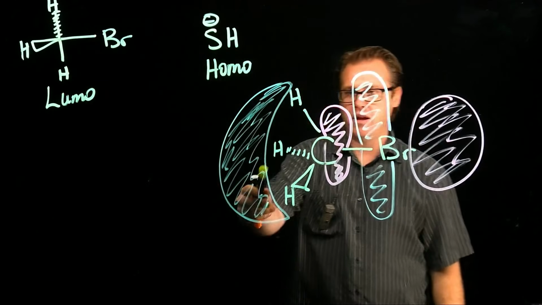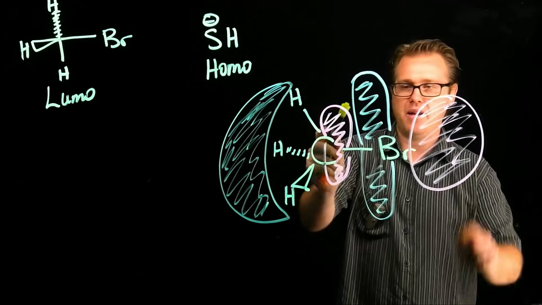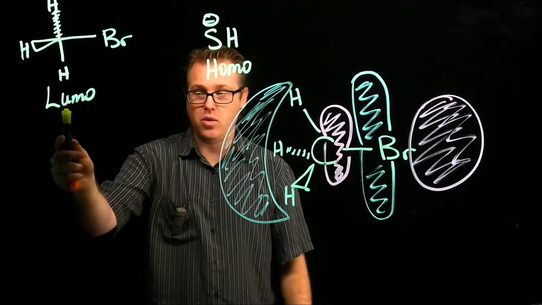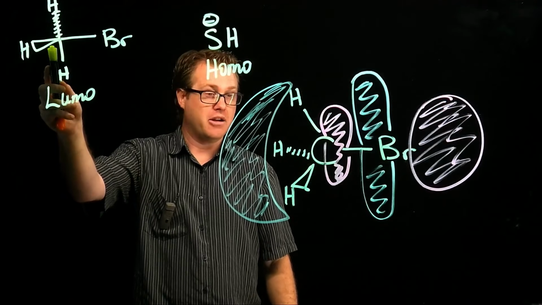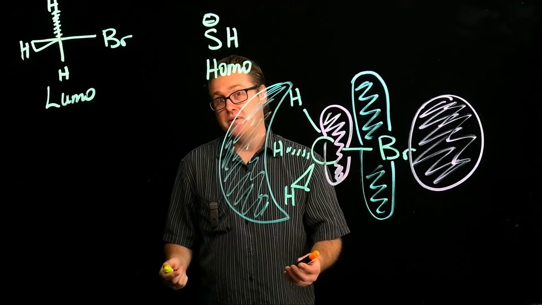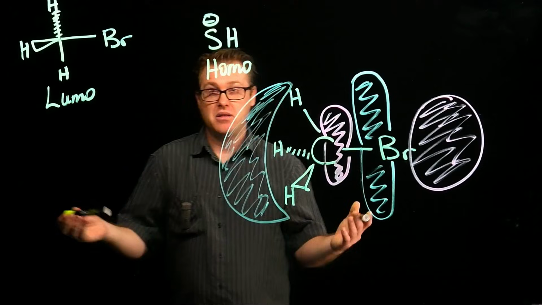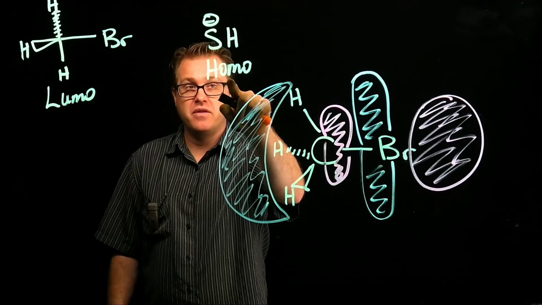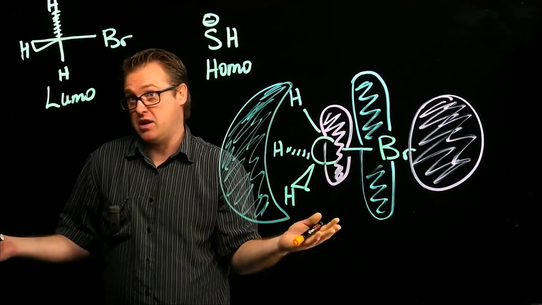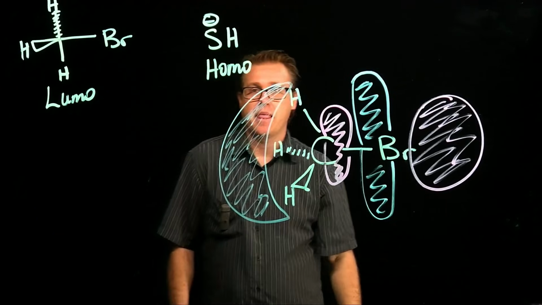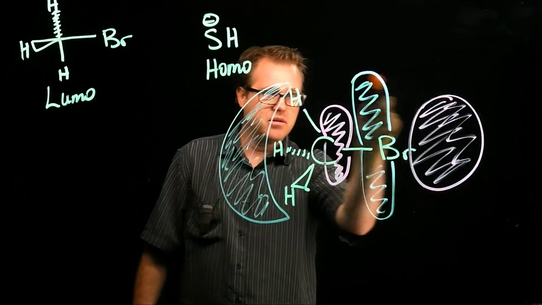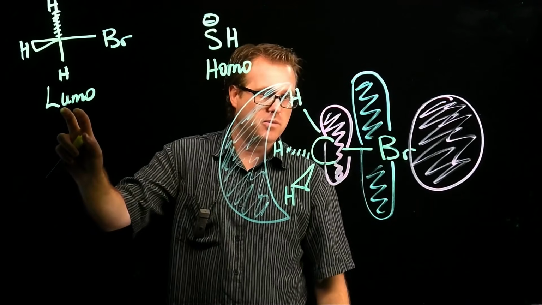Now what you see in blue and pink right here is the LUMO of the alkyl halide. And chemistry is really simple when we say it. Chemistry is just the reaction of, or the interaction between the HOMO and the LUMO. That's all it is, okay? So this right here is the LUMO.